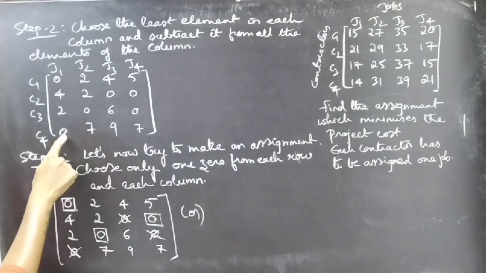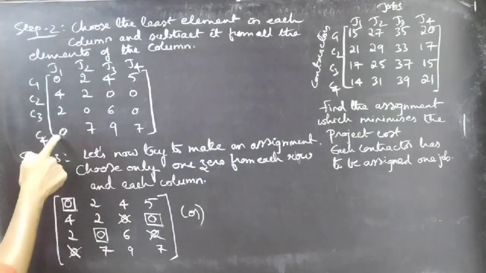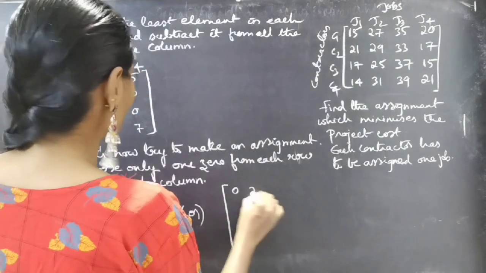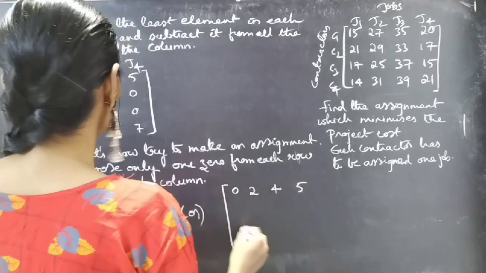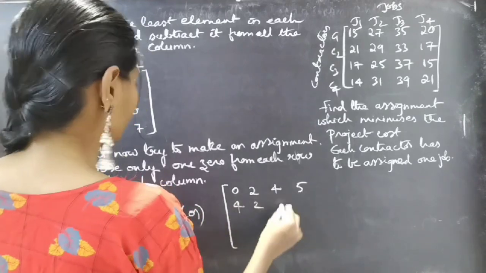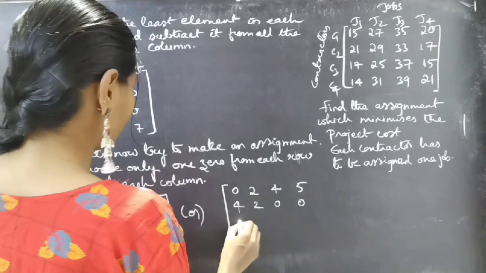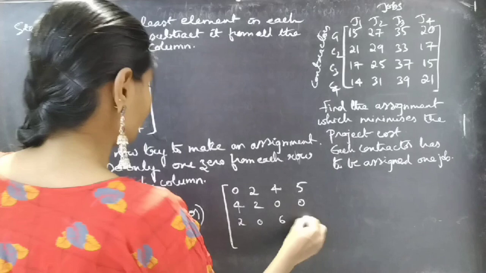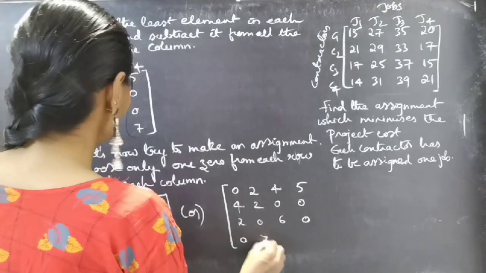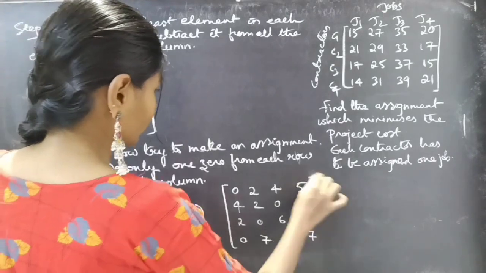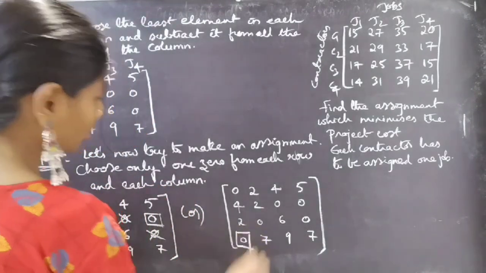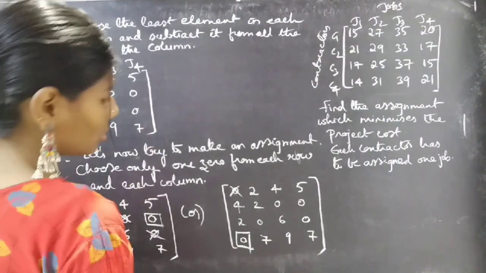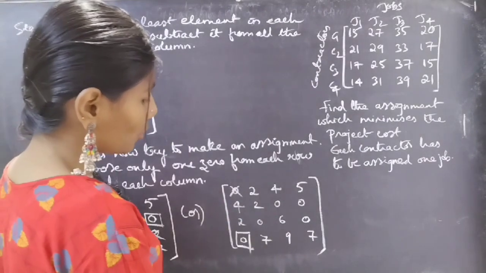Or you can assign this 0 also. If you wish, you can assign this 0. Let's see what happens if we assign the last 0. If we assign the last 0, we'll cross the 0 which occurs in the corresponding column.